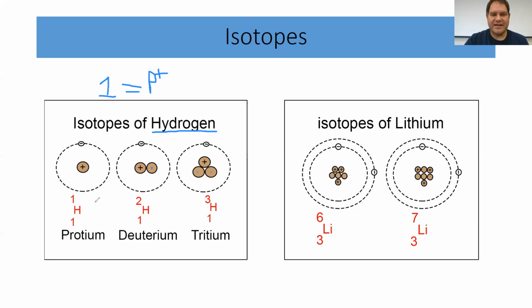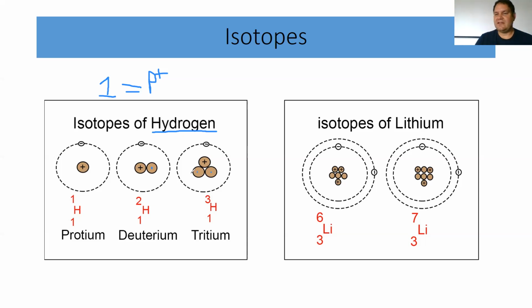Well, these 3 atoms are atoms of hydrogen. Now, how do we know they're atoms of hydrogen? Again, because they have 1 proton in the nucleus of these atoms. And since the proton identifies the atom, we must say that each one of these atoms is a hydrogen atom, okay?